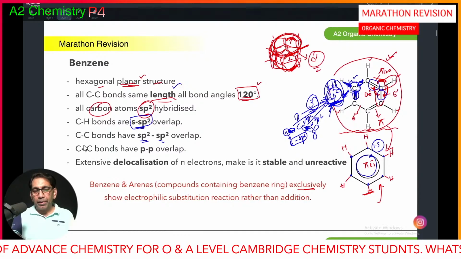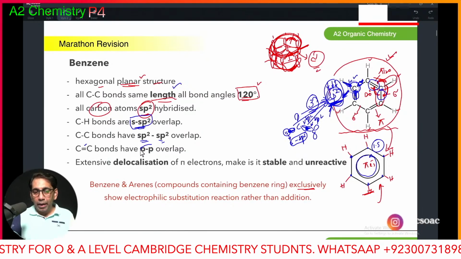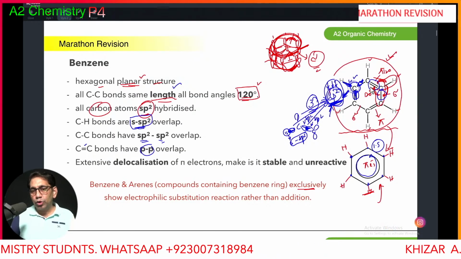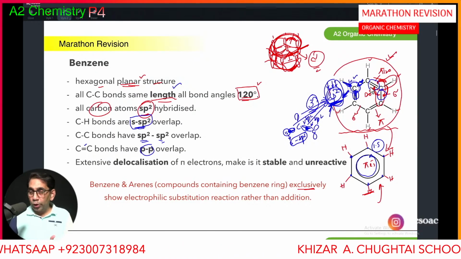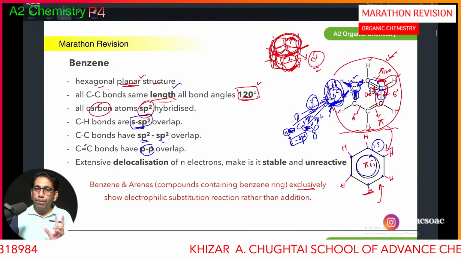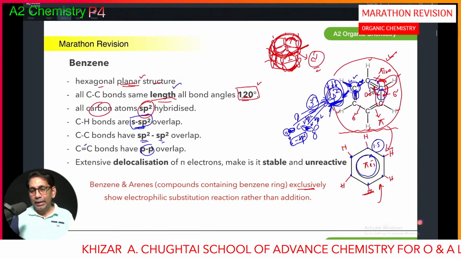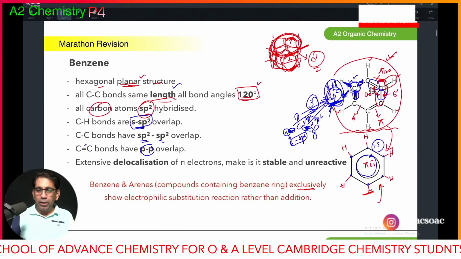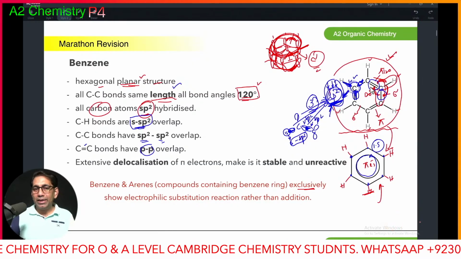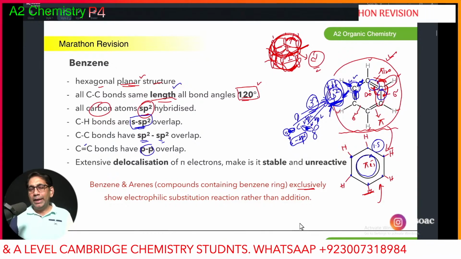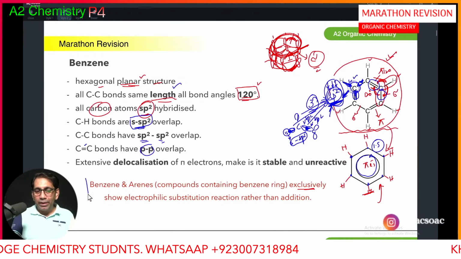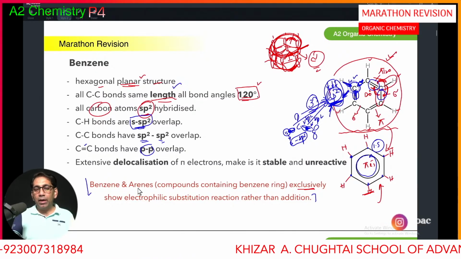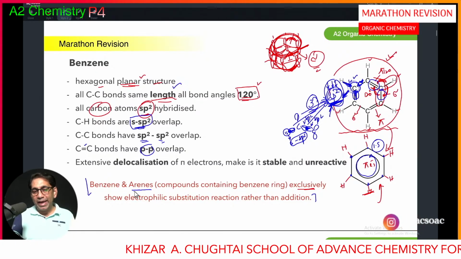Now, as I told you, the carbon-carbon double bonds, 3 in number, are formed by overlapping of parallel p orbitals. Once again, the benzene ring is an aromatic compound. It has extensive delocalization of pi electrons, and that is the same behavior as the arenes.